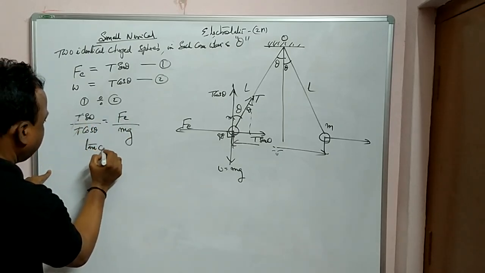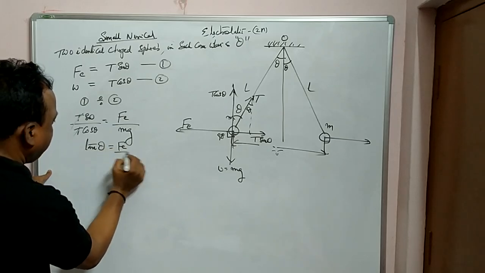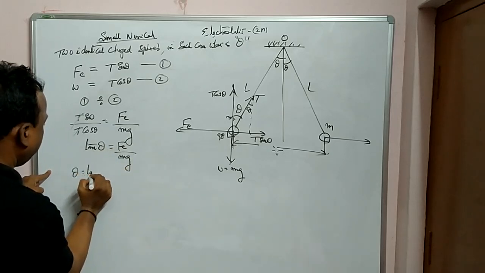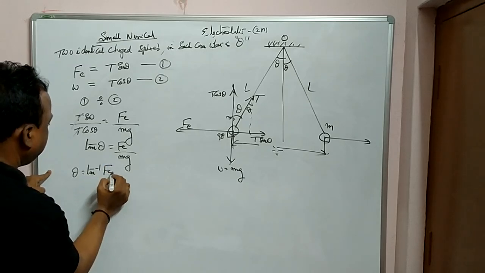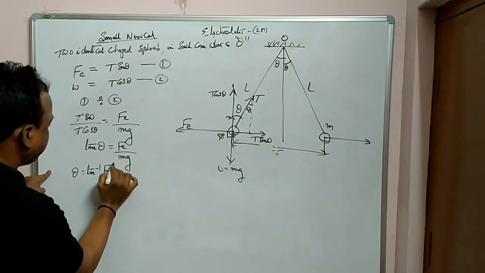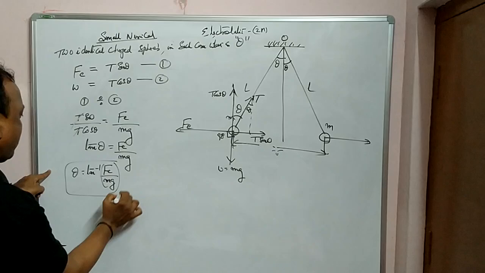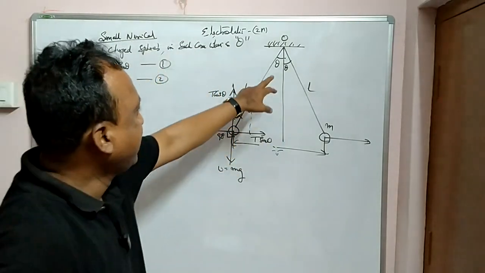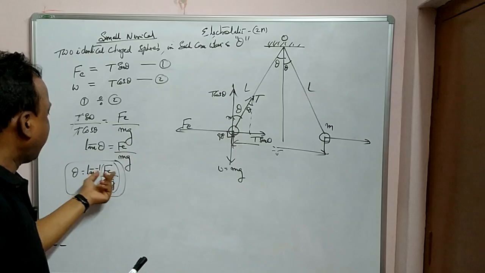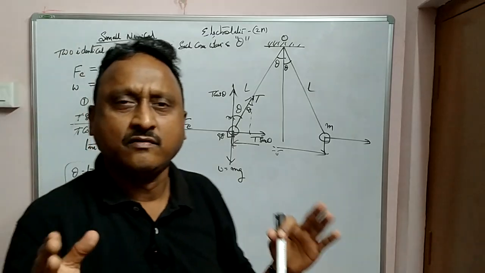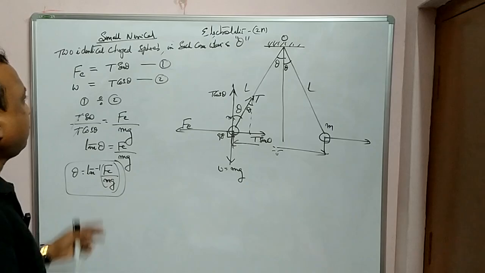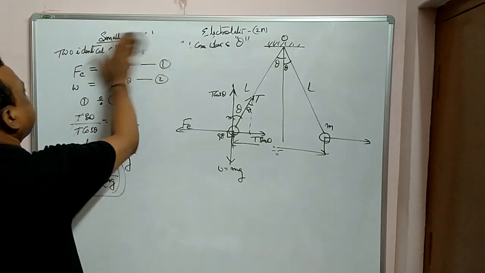Tan theta is equal to Fe by mg, or theta is equal to tan inverse Fe by mg. This formula is very, very important while solving numericals. So here the angle theta is given by tan inverse of electrostatic force by weight of the sphere. Clear? Please note down. Very, very important.